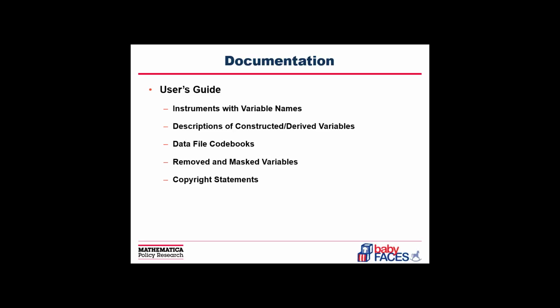Appendix I contains the codebook for child-level source data, Appendix J, the codebook for program-level data, and Appendix K, the codebook for exit interview source data. Finally, Appendix L lists all the variables that have been removed or masked from any of the files containing source data due to rare events.